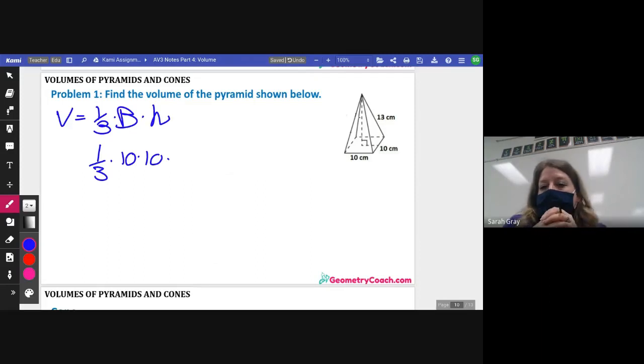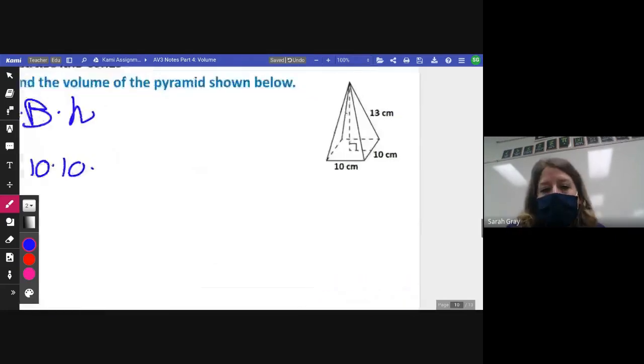And then we have a height. Okay, this wasn't as easy as I thought. The 13, where is that labeled?